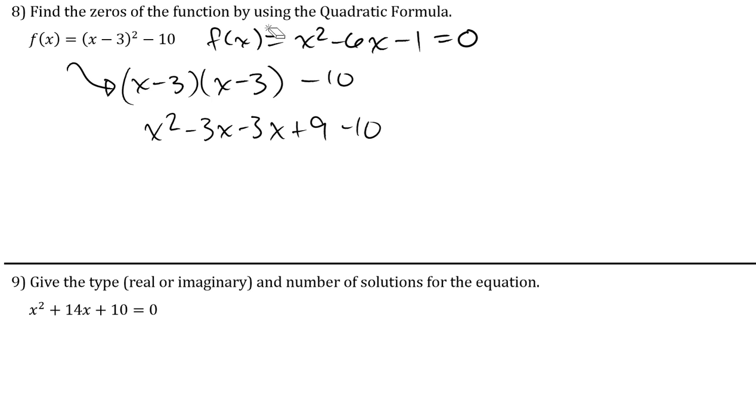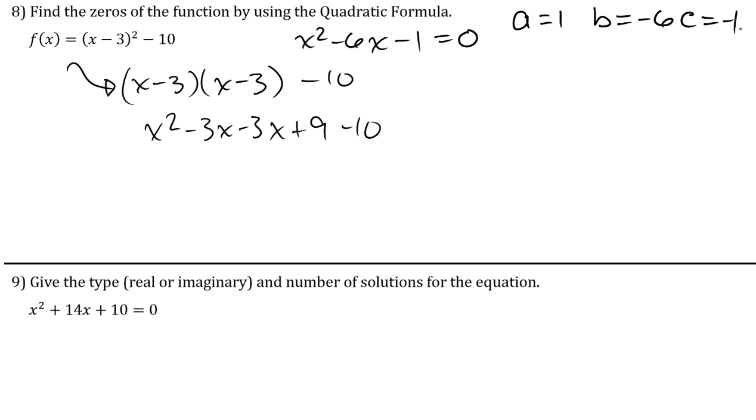Because I'm trying to find the roots, here I've set my function equal to 0, and it says use the quadratic formula here, so forget about it if you wanted to complete the square. So if I'm using the quadratic formula here, a is equal to positive 1, b equals negative 6, and c equals negative 1.